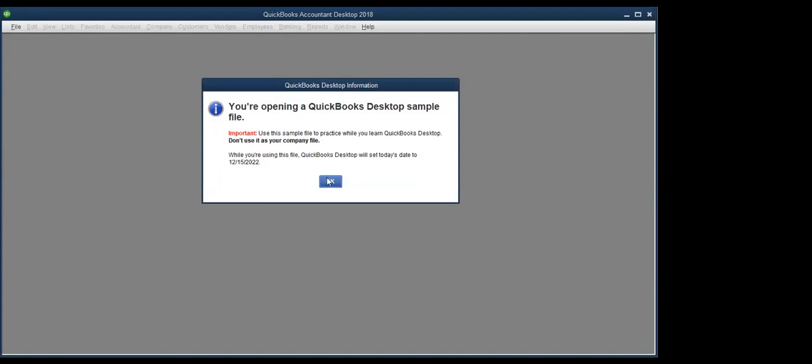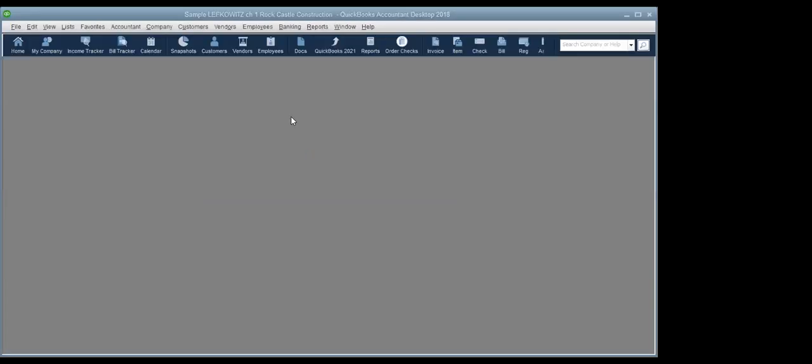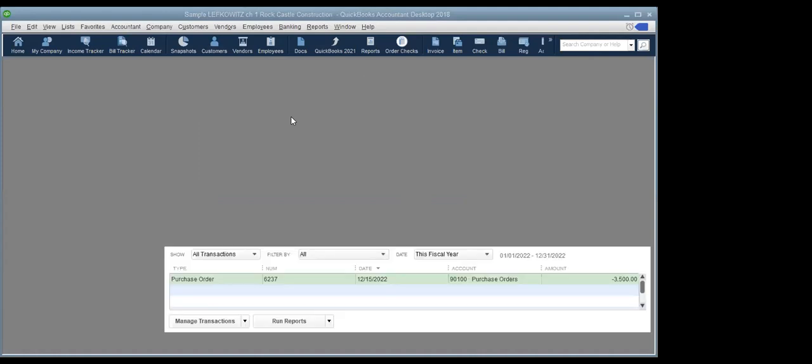Okay, so our year end is December 31, 2022. That's my year. Today's December 15, according to the computer. That's a simple date. But we have to remember 2022, not to change the year.